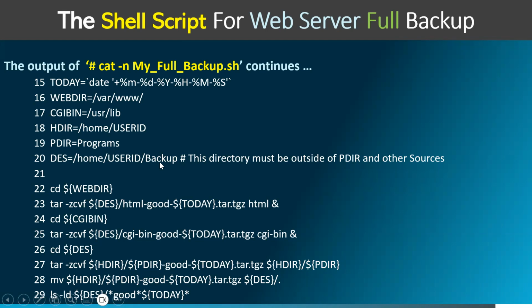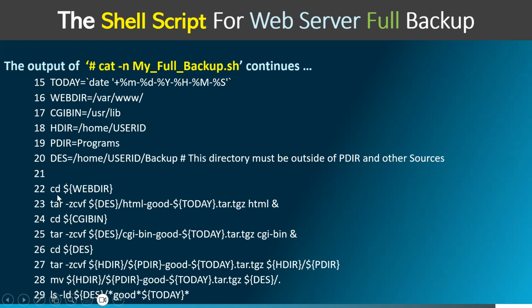If this one is not outside of the program directories, for example if this backup was inside the program directory, then it would be a recursive backup. It will never finish, because you want to just back up the program directory, but the destination has to be somewhere outside of this one. Otherwise, the size is going to grow and it's going to back up so many things twice.